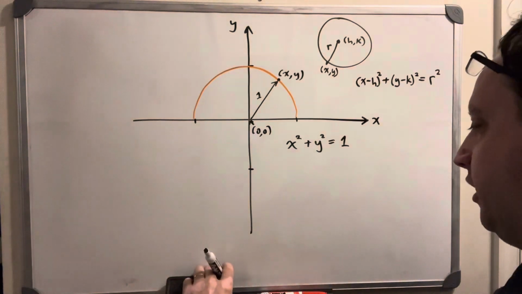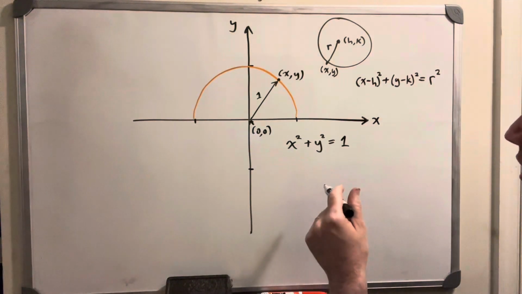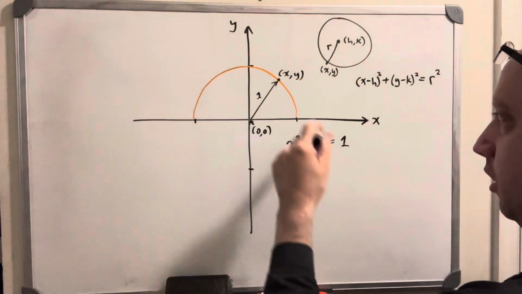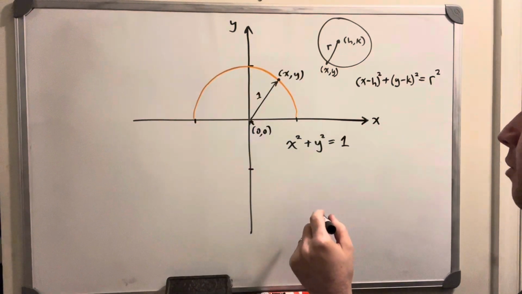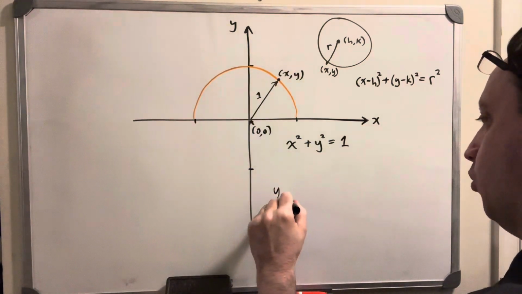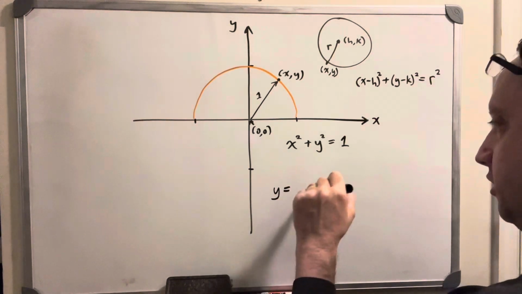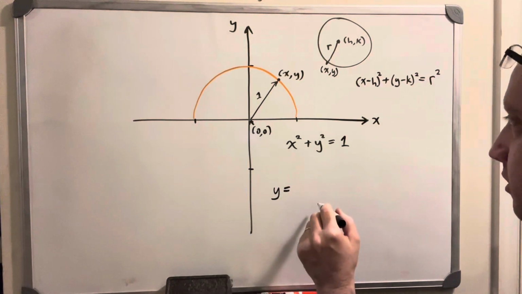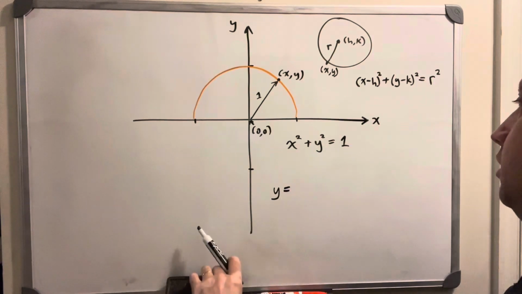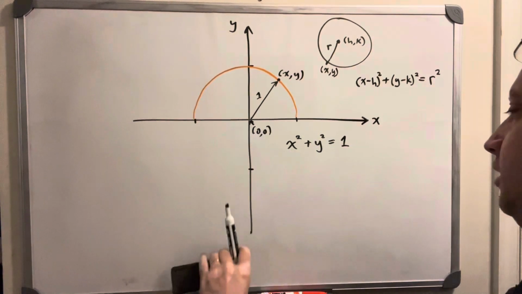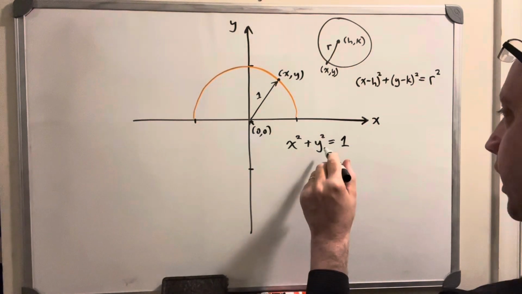This right here is an equation because it's true for a whole circle. But we want a function, y equals something, and we will call this the function. So let's first rearrange this to get the y all by itself.